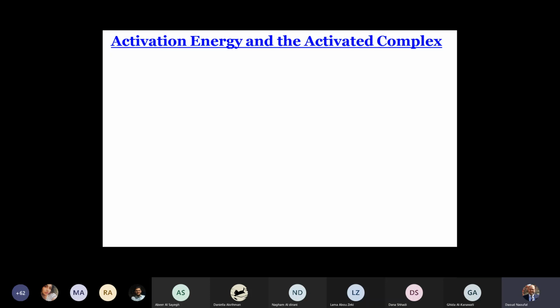So the value of the activation energy is always positive. Suppose in a question, they ask to calculate the activation energy, and you find that the activation energy is negative, that means your work is incorrect. The activation energy should be positive, and the activation energy unit is kilojoule per mole.